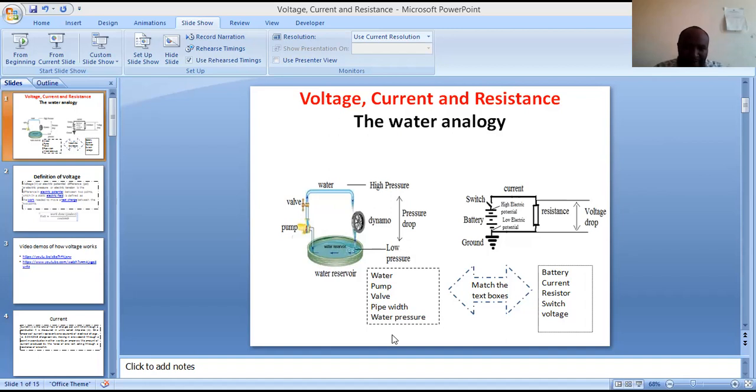So it's a small exercise that gives an analogy of water in an electrical circuit. So try to see if you can match those things correctly.